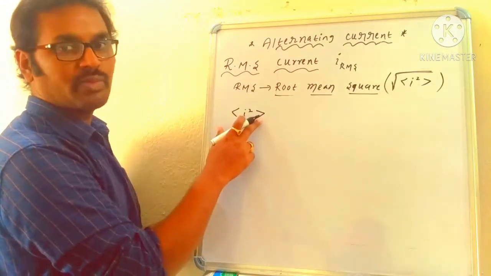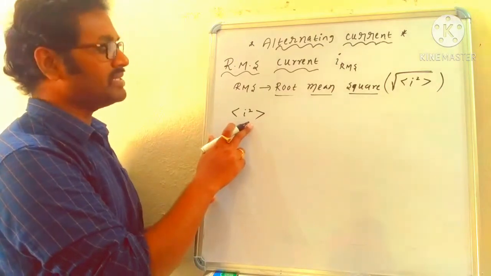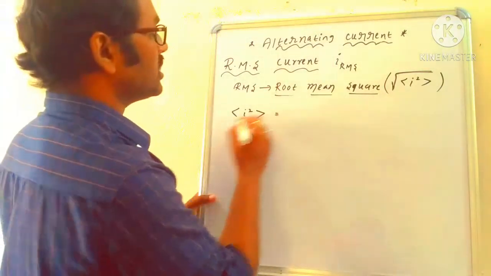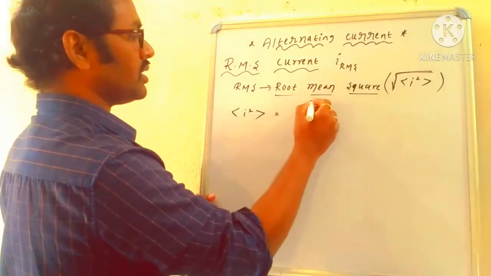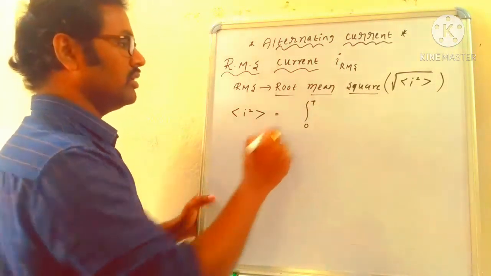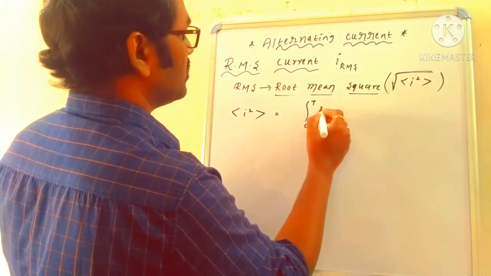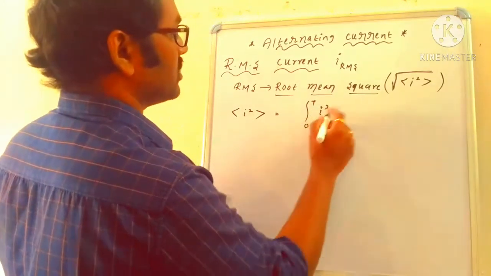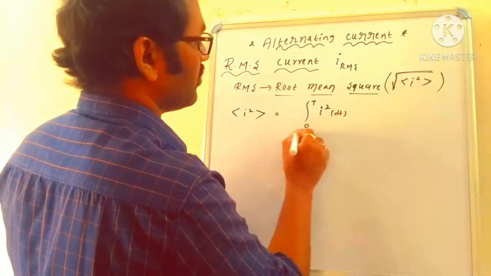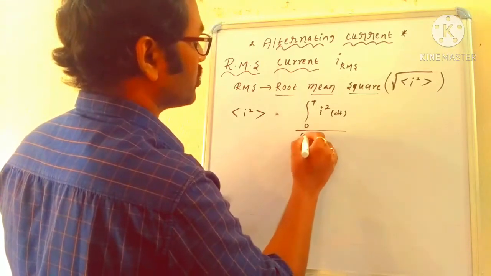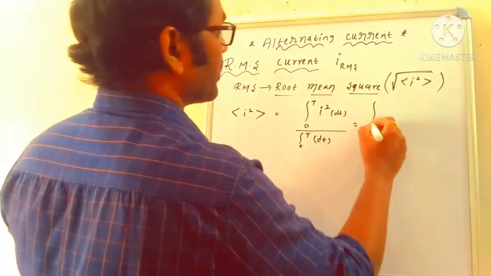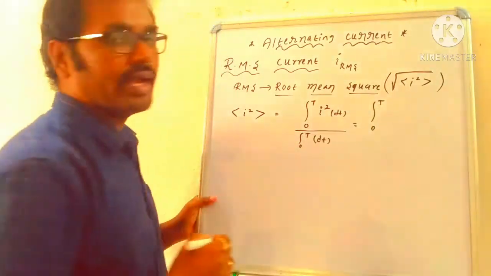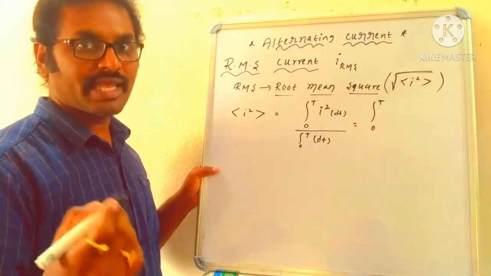I square with this bracket is called the mean square value, which is equal to integration from 0 to T. This is for the complete cycle, 0 to T. So I square dt divided by the integral of 0 to T dt. What is the I value? I is I naught sine omega t.